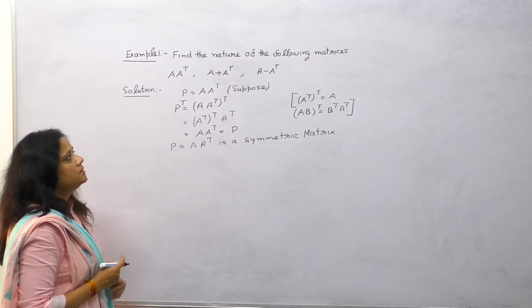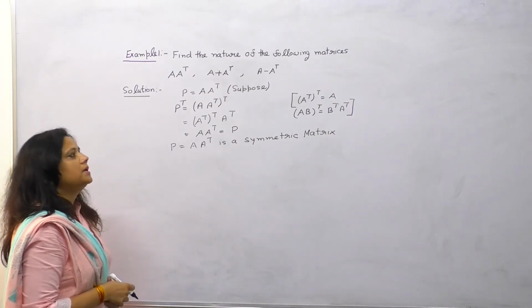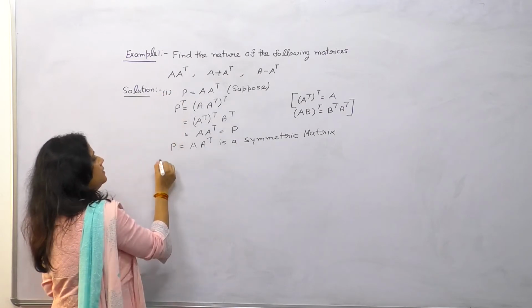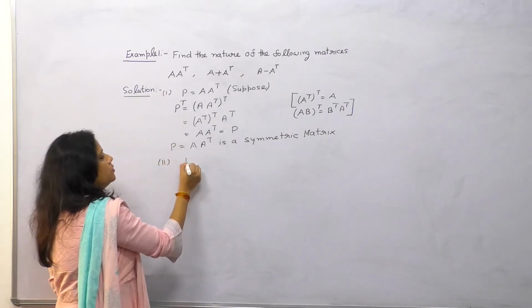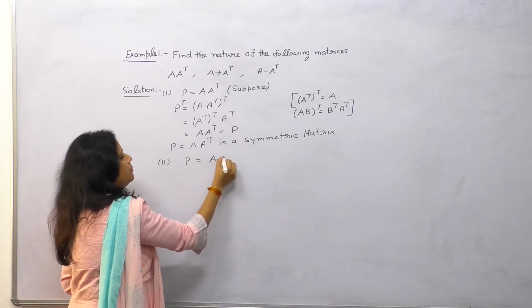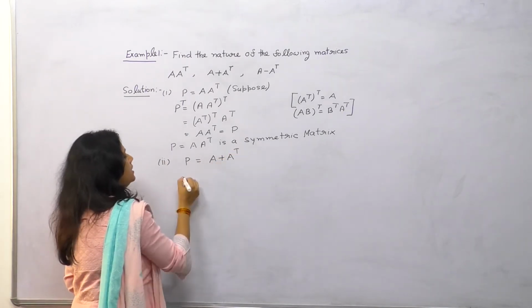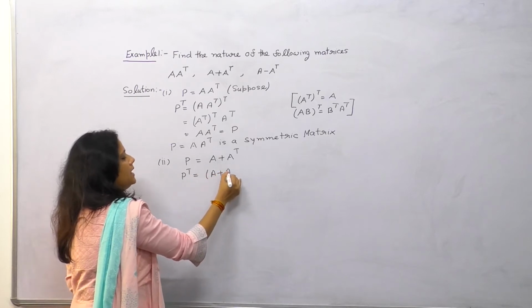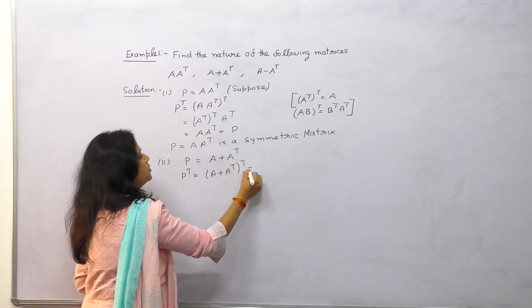Next example is A plus A transpose. In a similar manner, we suppose P is equal to A plus A transpose. Now taking P transpose, it is A plus A transpose, transpose.